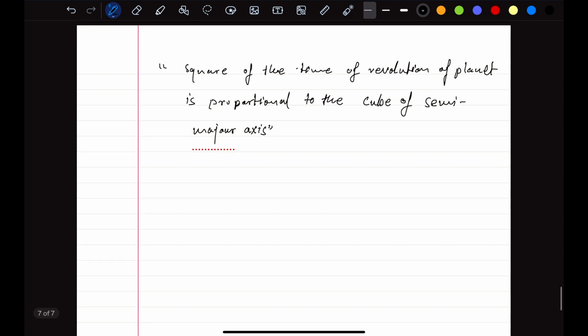If I want to write it mathematically, I can say that T square is proportional to a cube. And again we are going to prove this law using Newton's law of gravitation.